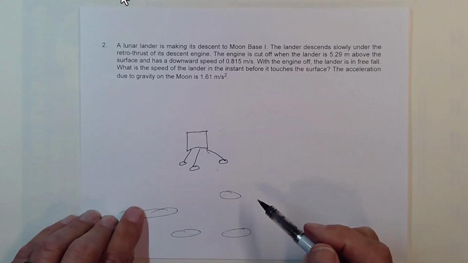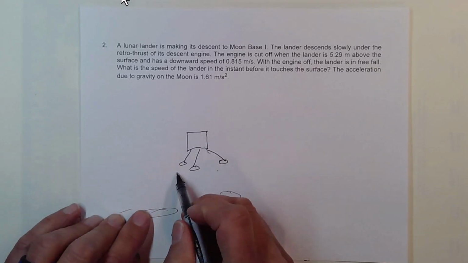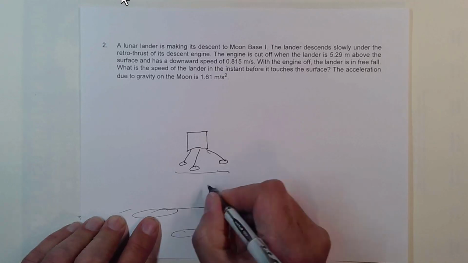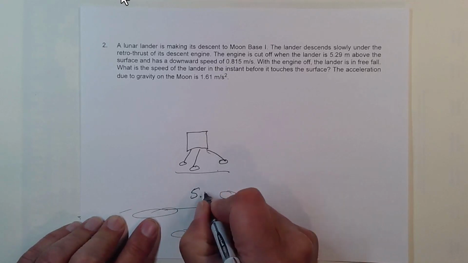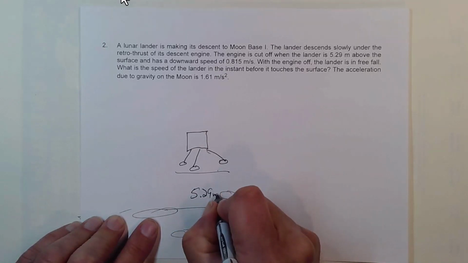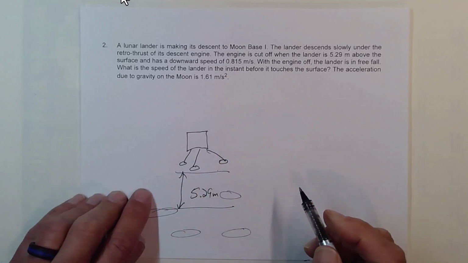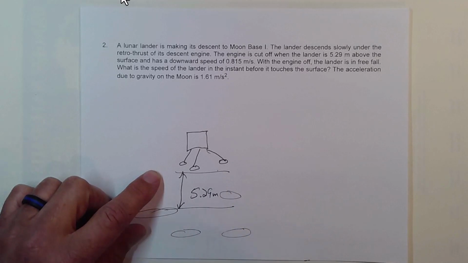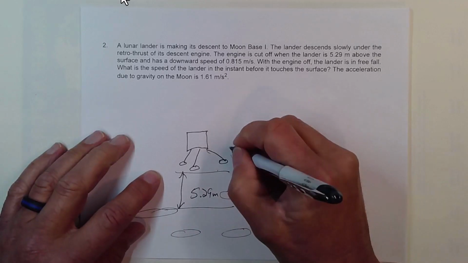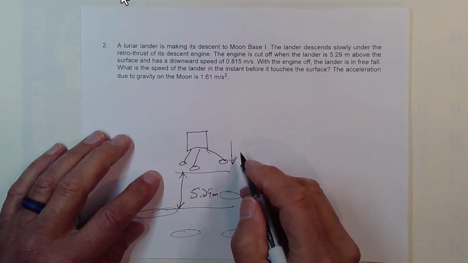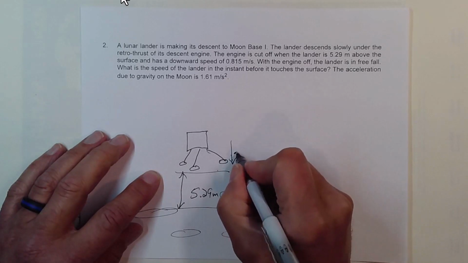That looks like a three-legged alien, but pretend that it is 5.29 meters from the ground, and that at the time its engine's cut off, it's going 0.815 meters per second downward.